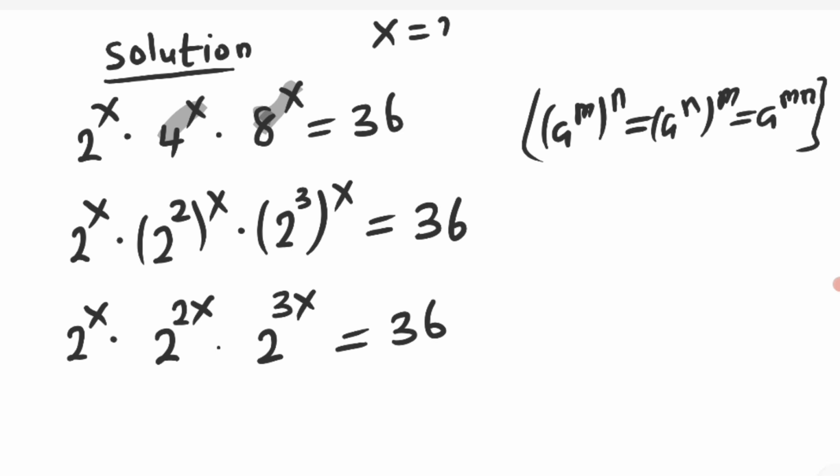Now take note of this, that if you have a raised to power m plus n, this is equal to a raised to power m multiplied by a raised to power n.